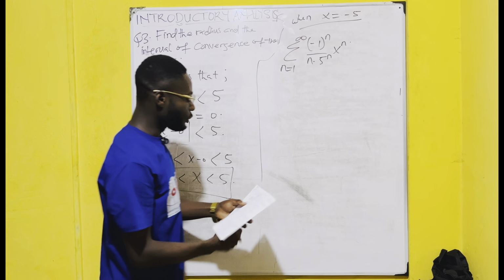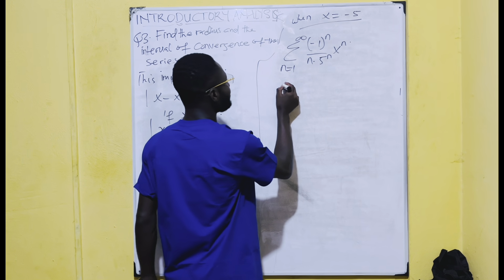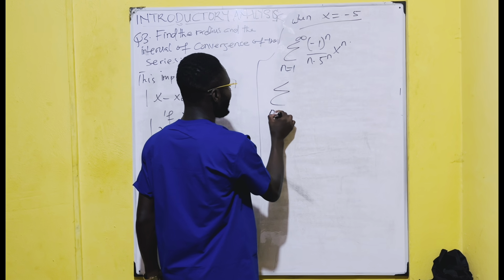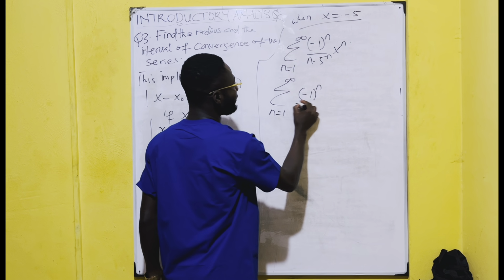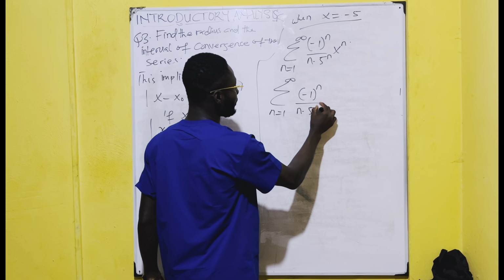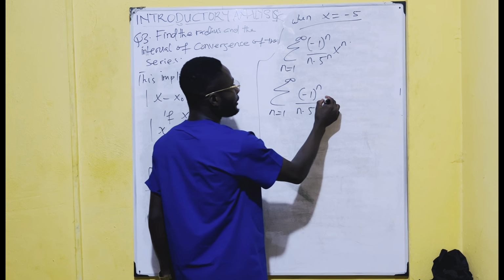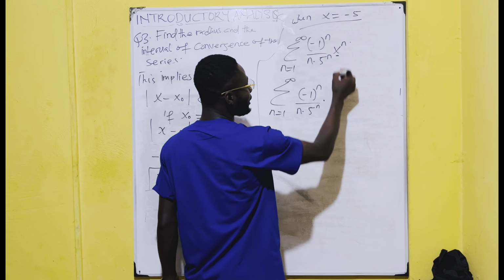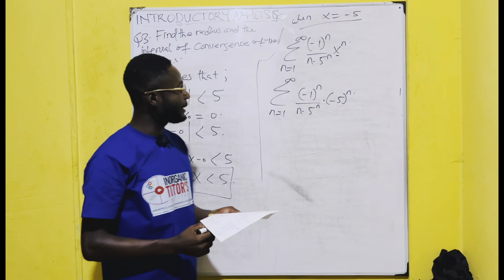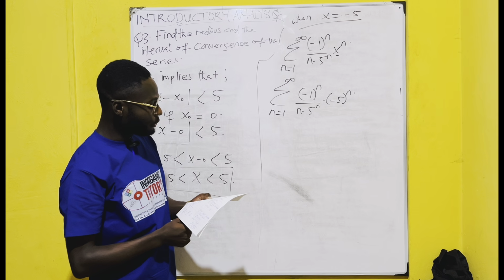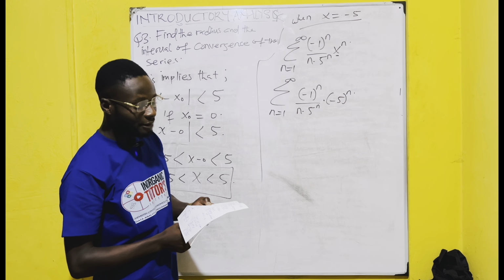Let's try. We are going to have the summation from n equals 1 to infinity of (-1) to the power n divided by n times 5 to the power n, times, now x is -5, so we have (-5) to the power n, right? And this, what can we do? Can we simplify this? Yes or no?